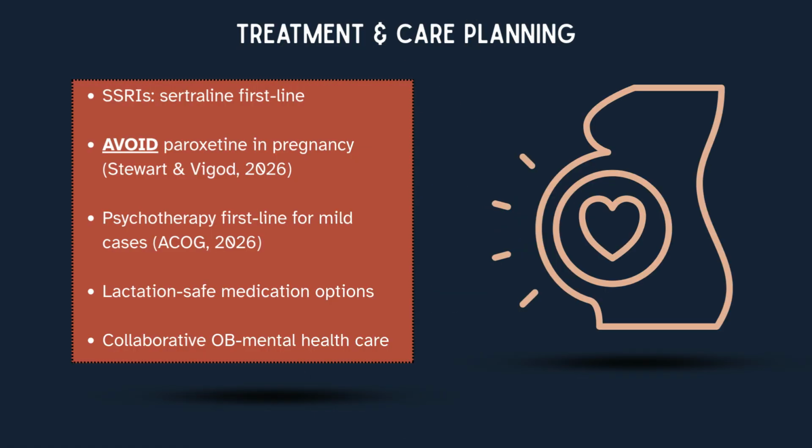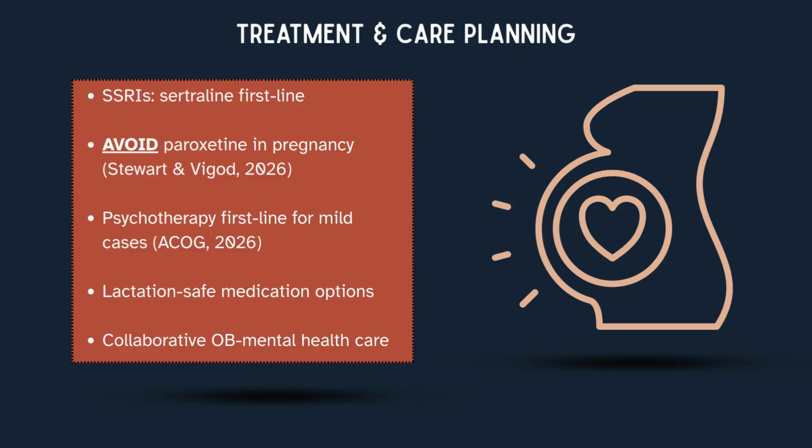Regarding treatment for the perinatal population, for mild symptoms, therapy is first line, especially CBT or interpersonal therapy. When medication is needed, sertraline is generally considered safe and is commonly used. With that being said, we avoid paroxetine in pregnancy due to the potential risk.